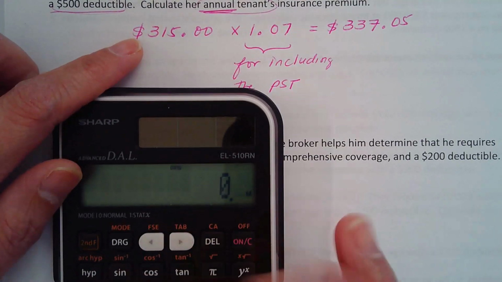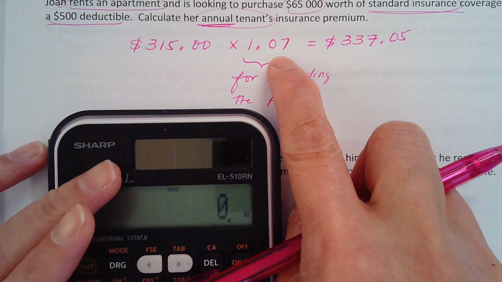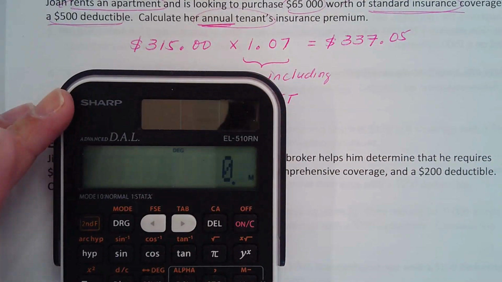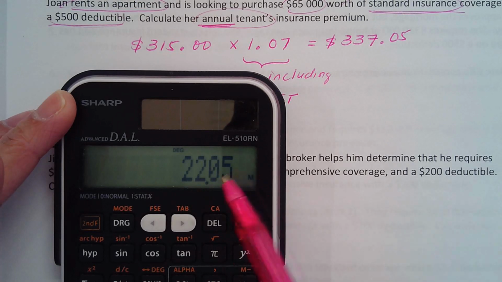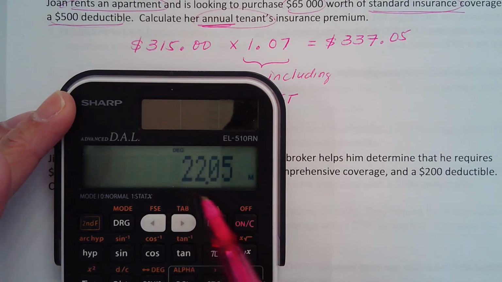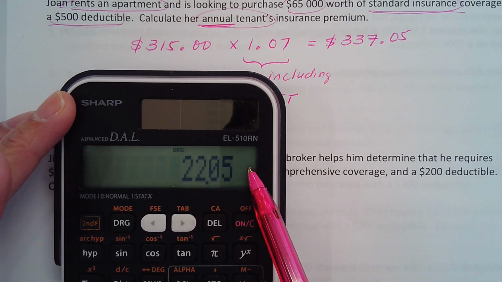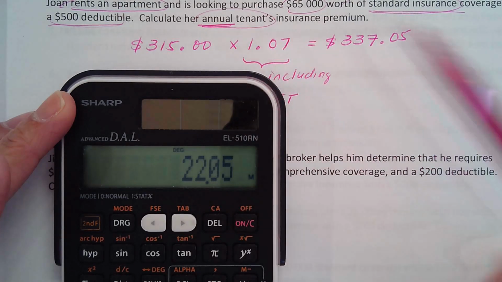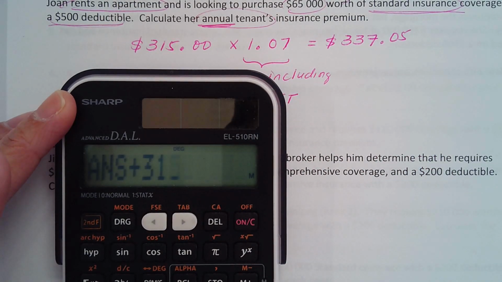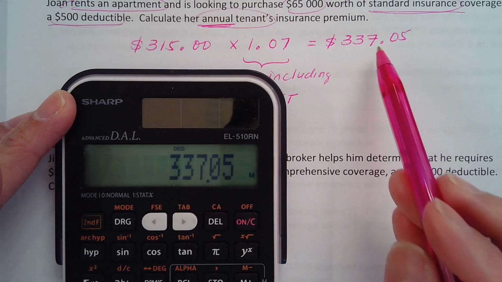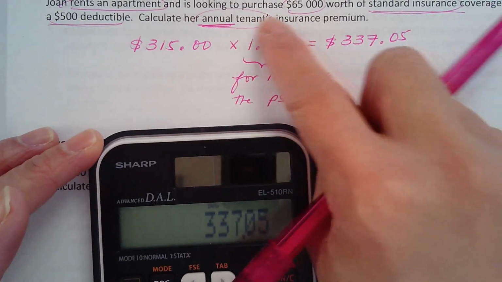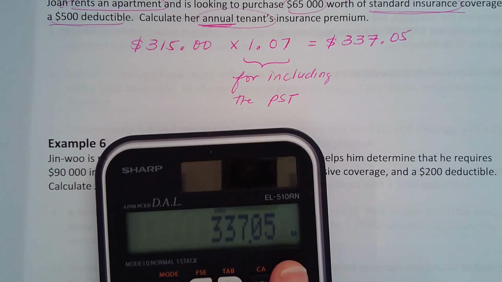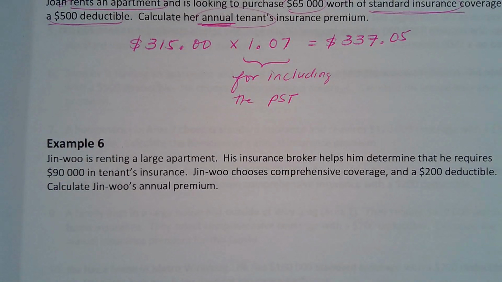If we just figure out 7% PST, so we go 0.07 times 315. So this one is just the PST. So we have to add the 315 on top of it. So a simpler formula is this one here, just a one step thing to figure out the total amount.